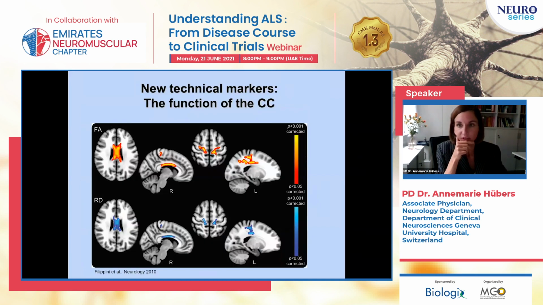Since a couple of years, there has been discussion about involvement of the corpus callosum in ALS, and new or modern MRI techniques like diffusion tensor imaging could show effectively that the motor part of the corpus callosum is affected in ALS.